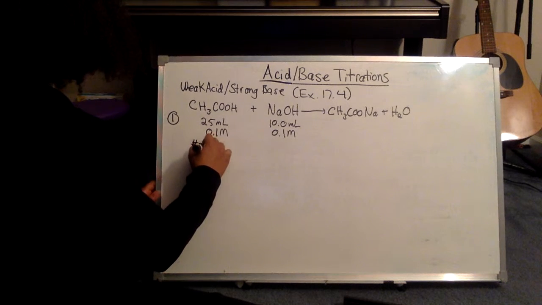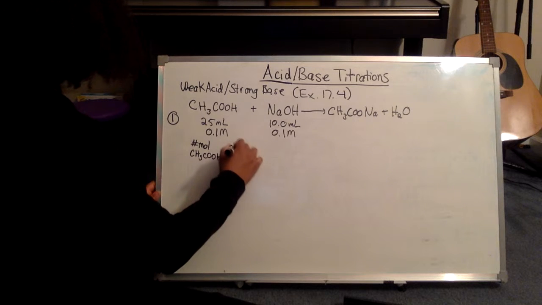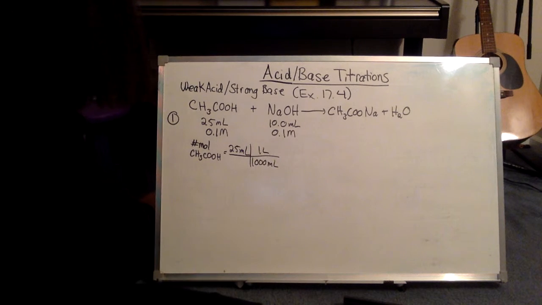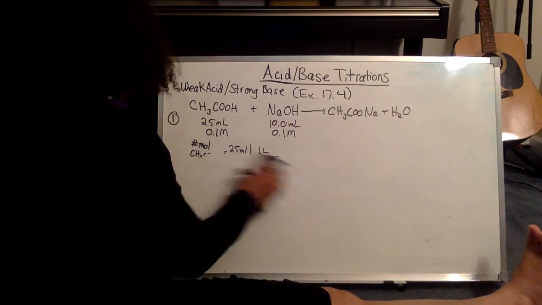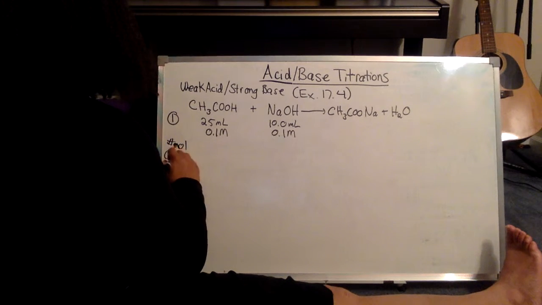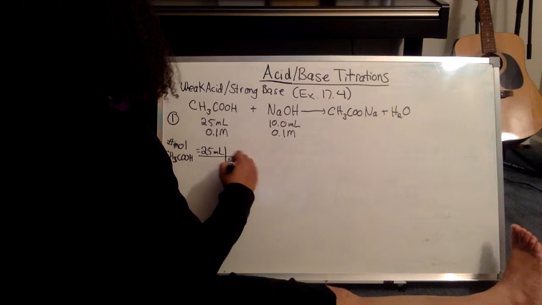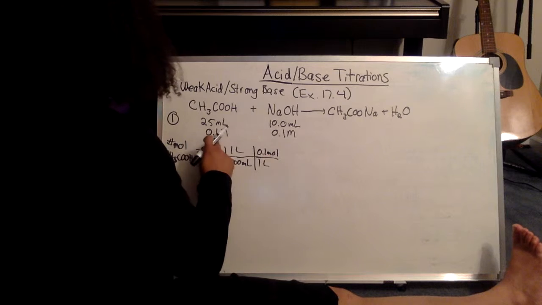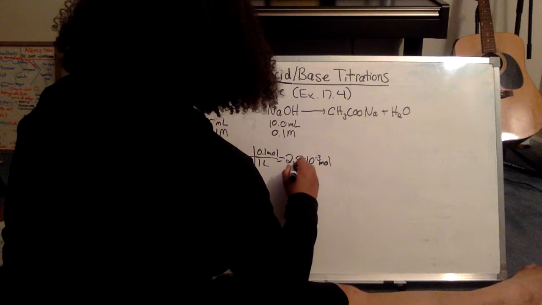So the number of moles of acetic acid, CH3COOH, is equal to 25 over 1,000 times the 0.1 molar, so we get 2.5 times 10 to the minus 3 moles of acetic acid.